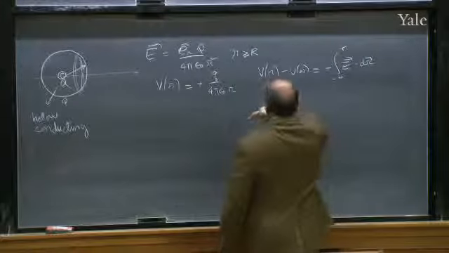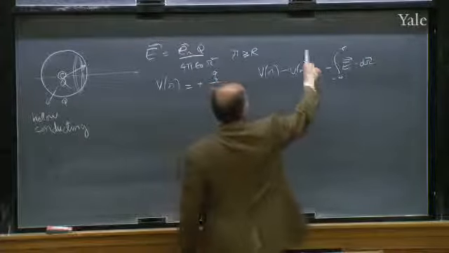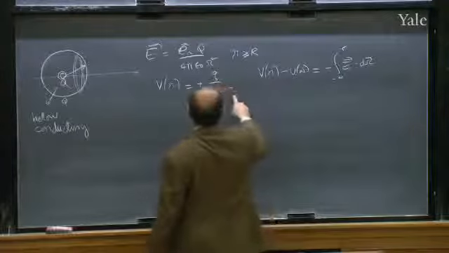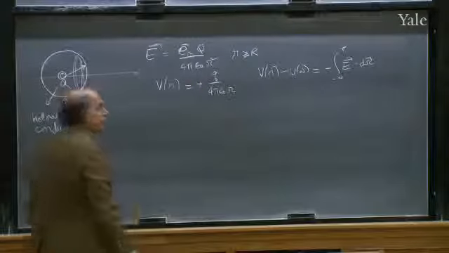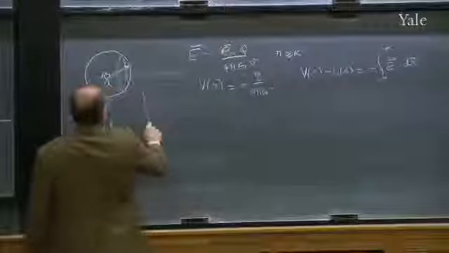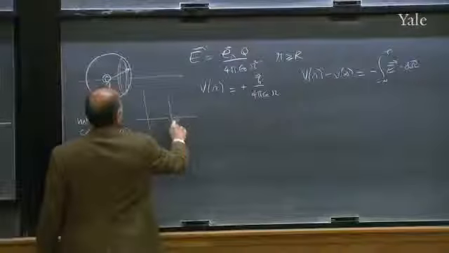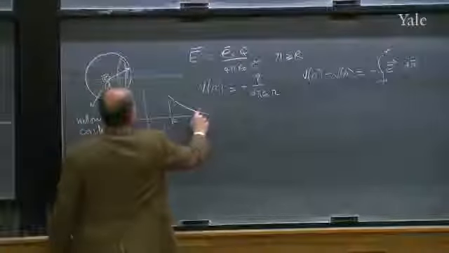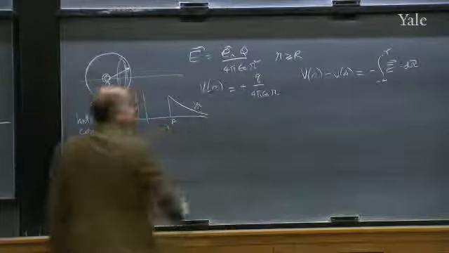And if you just take the field of a point charge and do the integral, you will get the potential of a point charge, which is this. So if I draw the potential as a function of radius, it will look exactly like that of a point charge, falling like 1 over r.